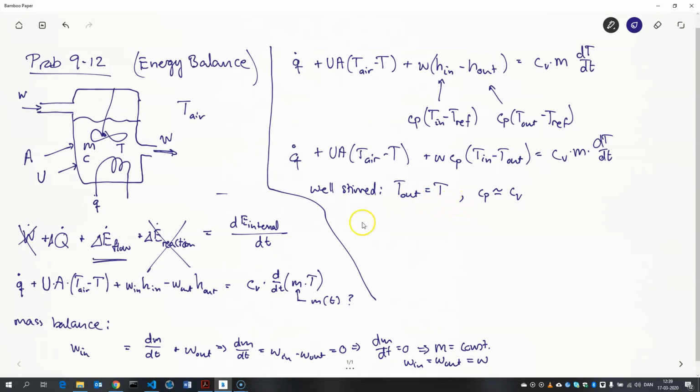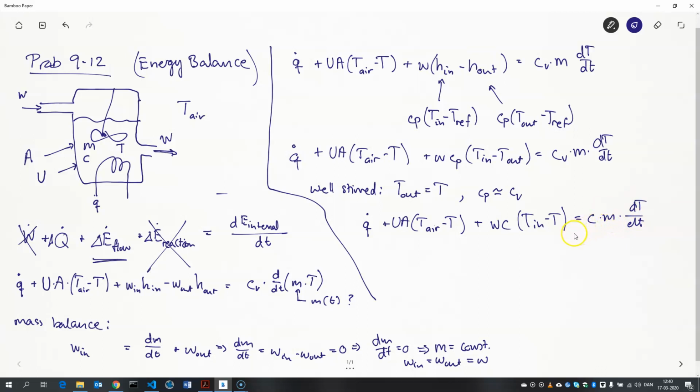That further simplifies our equation: Q dot plus U A times T air minus T plus W C times T in minus T equals C times M times dT dt. That's as far as we can go.